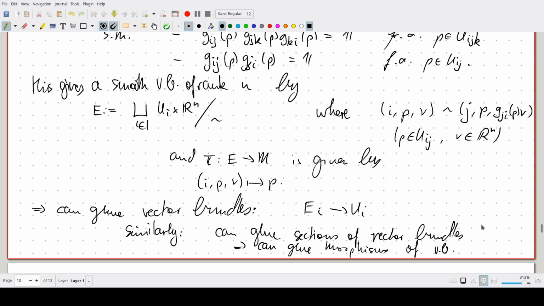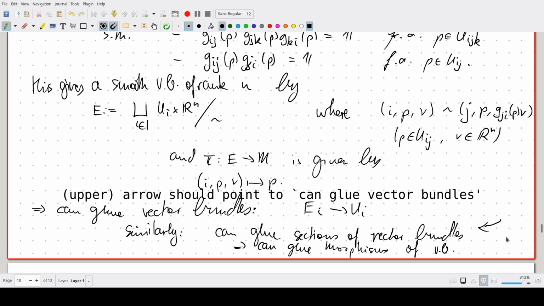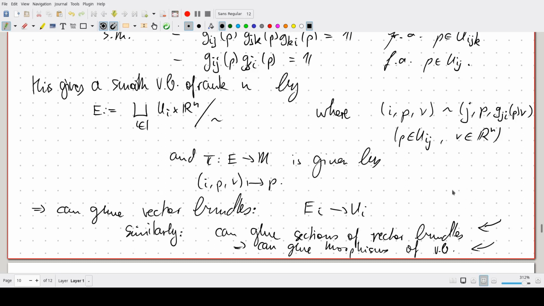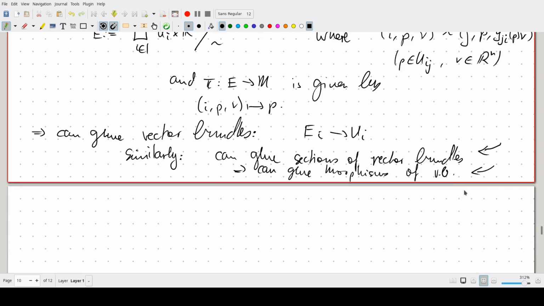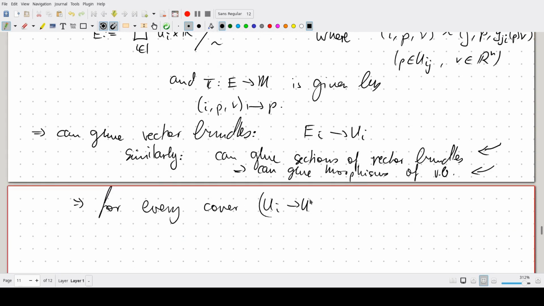And as I pointed out in my video on descent data, this means that the descent data functor is essentially surjective for every cover, and this means that it's fully faithful for every cover, meaning that all in all, it is an equivalence of categories for every cover U_i.